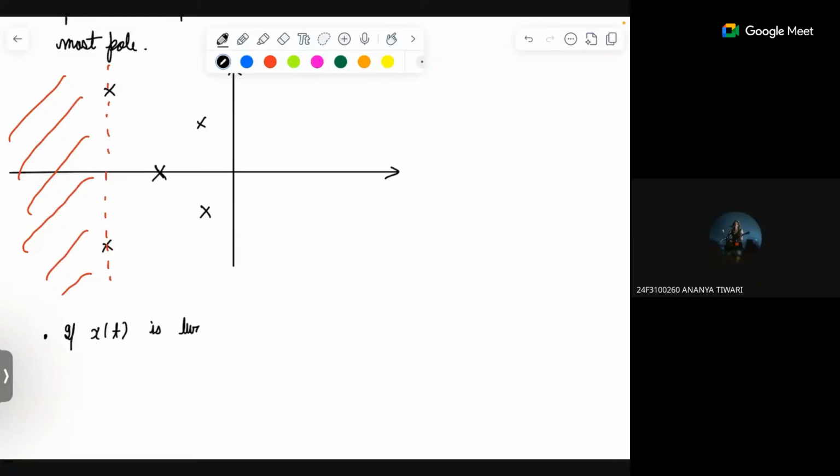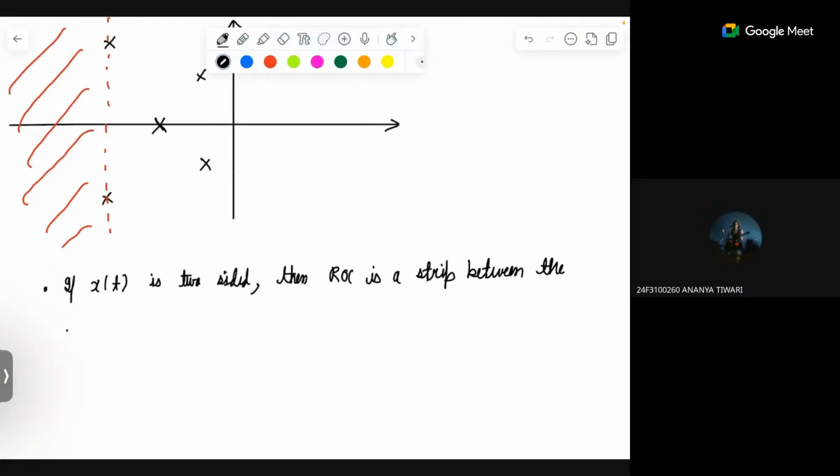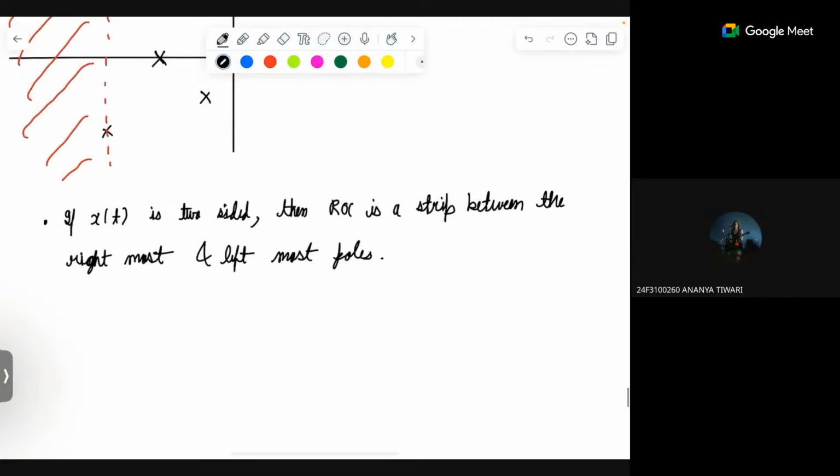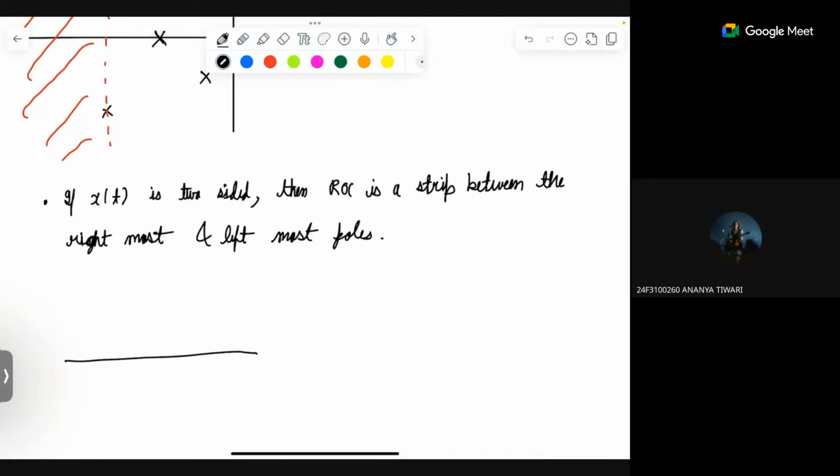If x(t) is two-sided, then the ROC is a strip between the rightmost pole and leftmost pole.